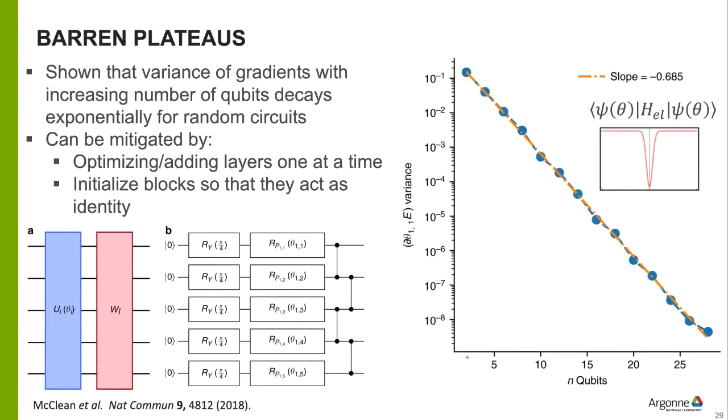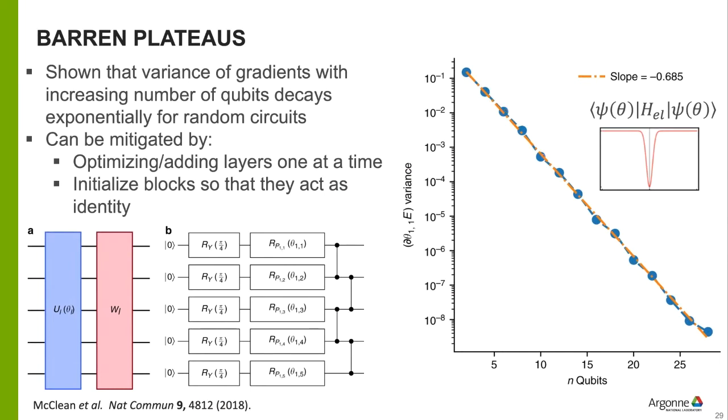There was a paper a couple of years ago where it has been shown that with increasing number of qubits for a random hardware efficient ansatz, the variance of the energy gradients decreases exponentially.